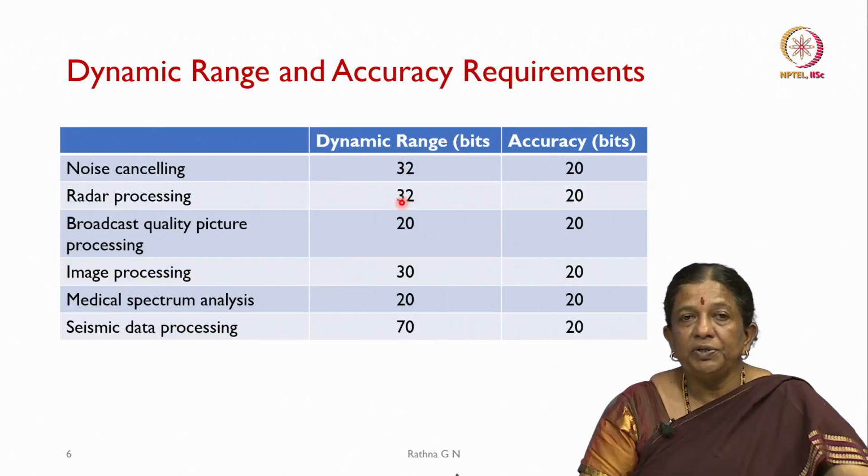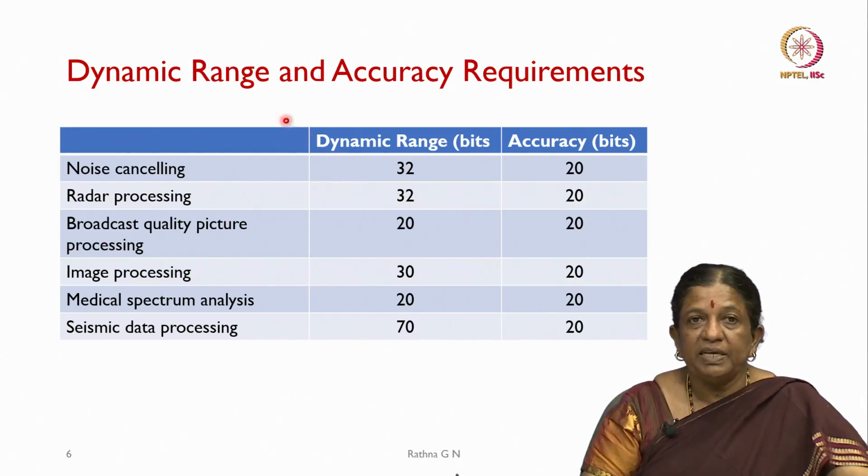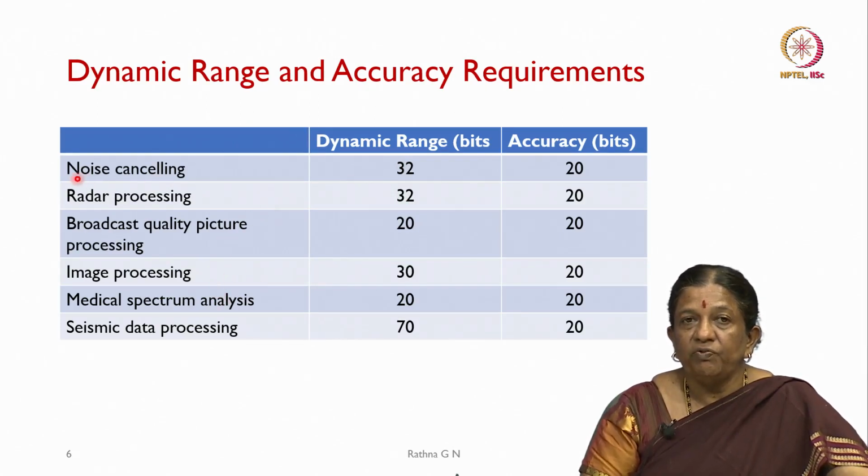How it is going to affect, we will see in this block diagram: basically the dynamic range and accuracy requirements of different applications. We know that in noise cancelling, the dynamic range in number of bits is 32 bits, whereas for accuracy 20 bits is enough. In radar processing it is 32 and the same 20 bits.